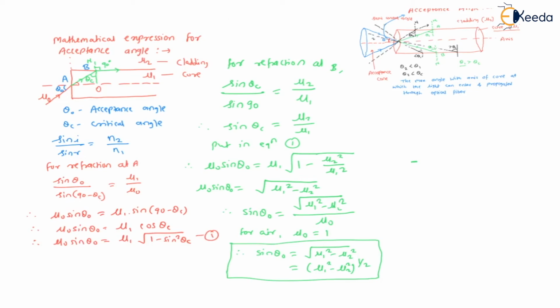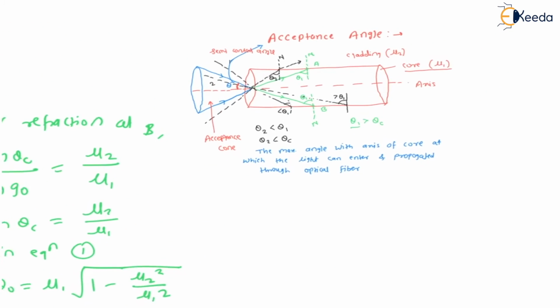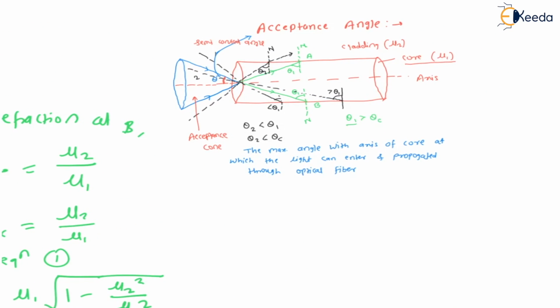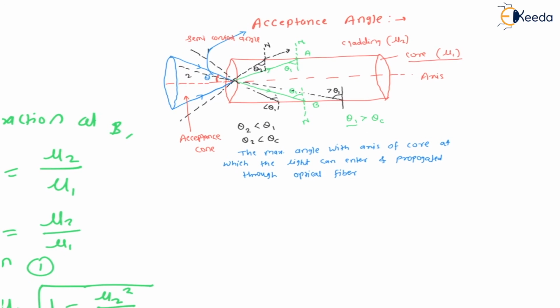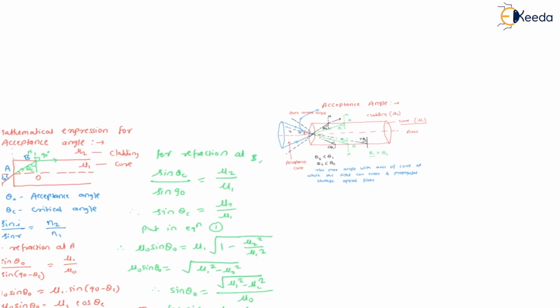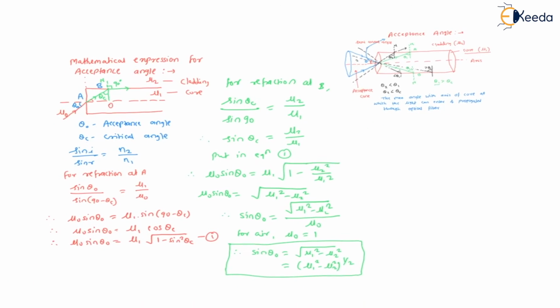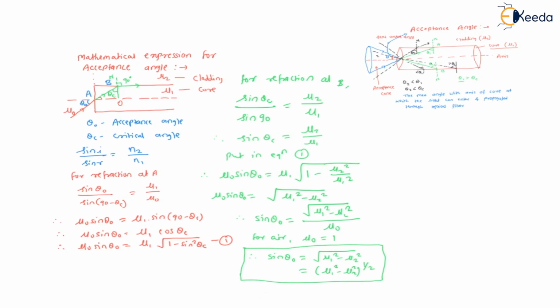So, my dear students, today we have discussed initially the acceptance angle, and what is meant by acceptance cone, and then later we derived the mathematical relationship for acceptance angle. We get the final value for the equation of theta naught, that is the acceptance angle, as sine theta naught equal to under root mu1 square minus mu2 square, or (mu1 square minus mu2 square) whole bracket to the power 1 by 2.